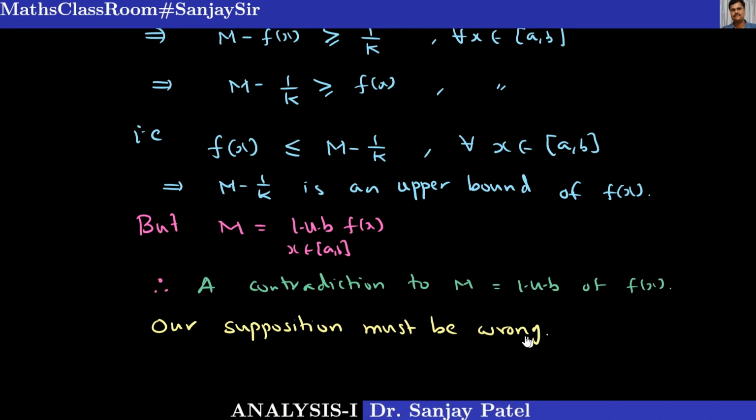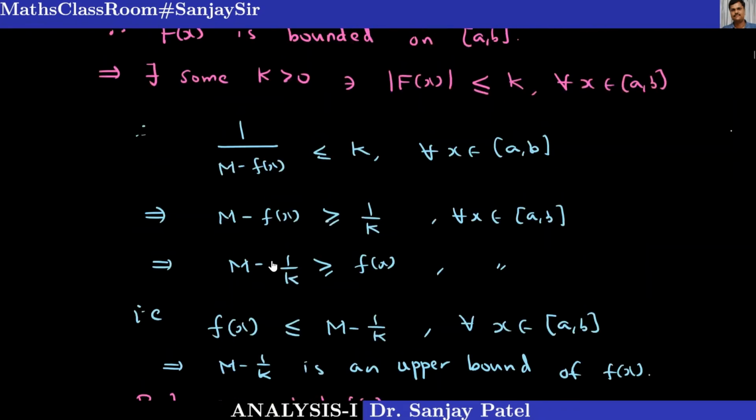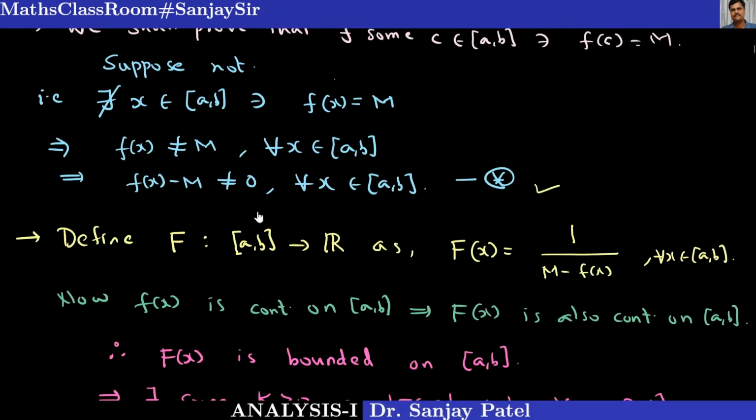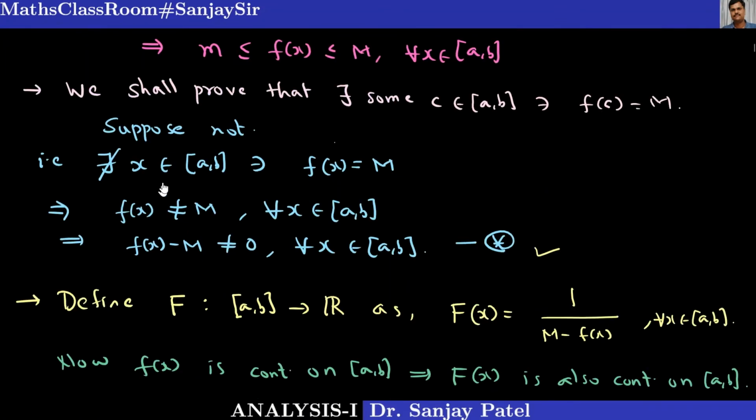What was our supposition? If you remember, we assumed in the beginning that there is no x in closed interval [a, b] such that f(x) is equal to M. So this is wrong.